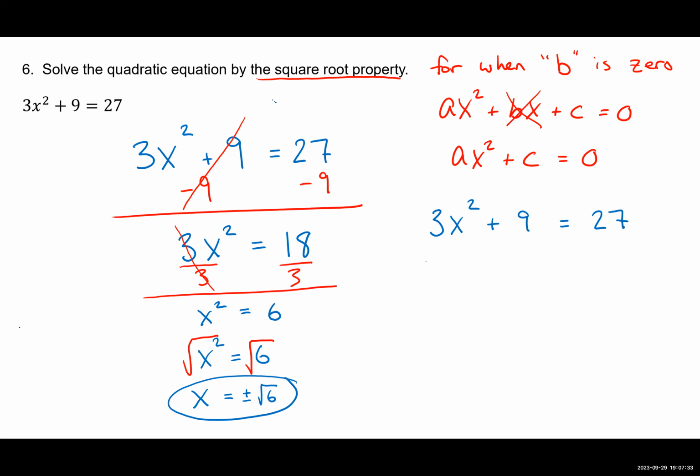So 3, we'll replace the x squared with the square root of 6, and then there's a plus 9 equals 27. That's 3 times, well, the square root of 6 times itself is the square root of 36, or just 6, plus 9 equals 27. 3 times 6 is 18.